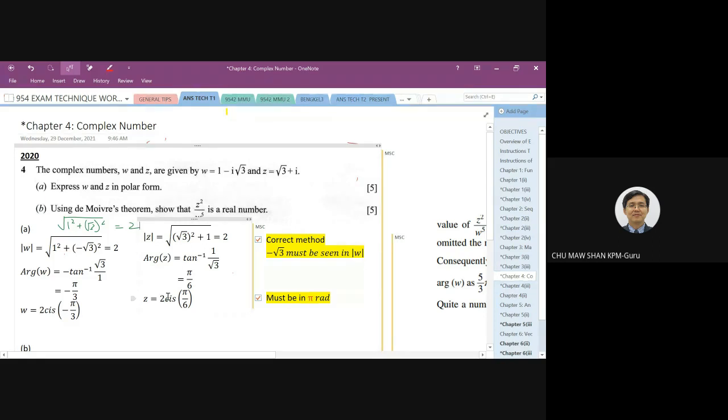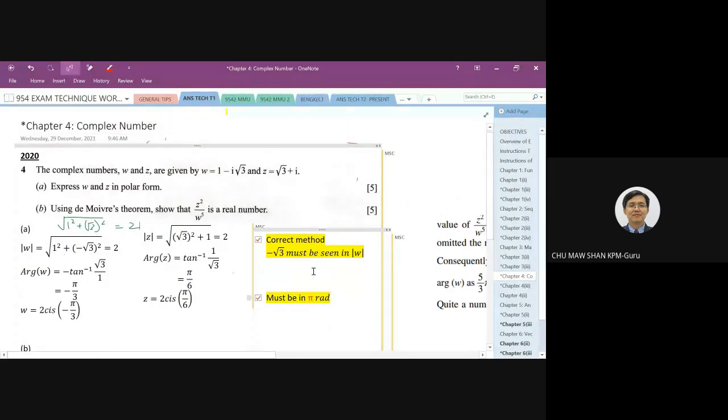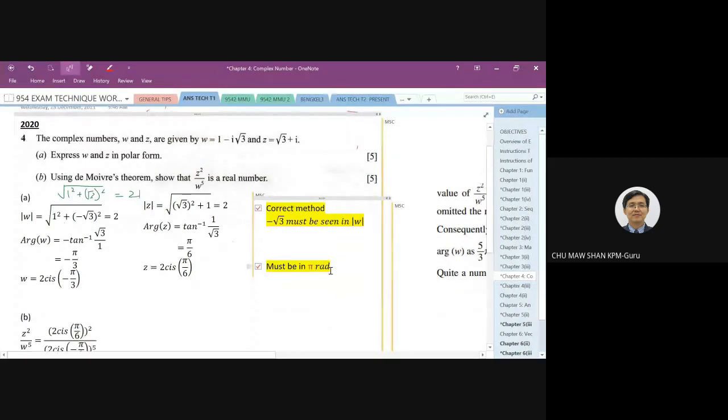So for polar form, angle must be in radian. Boleh faham? Angle must be in radian. So normally we try to give in pi radian. Yang ini kalau mereka guna kalkulator lama, dia takkan bagi pi over 3.